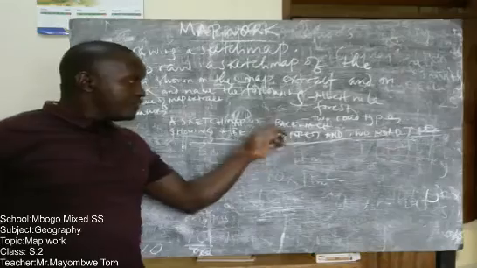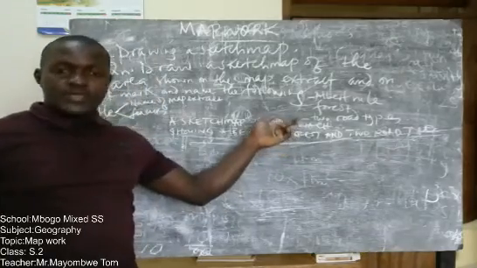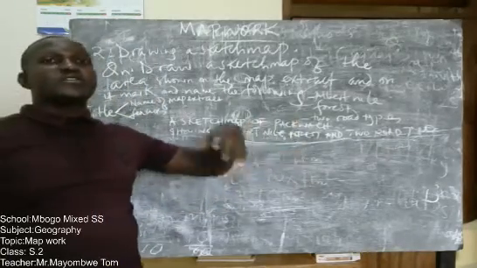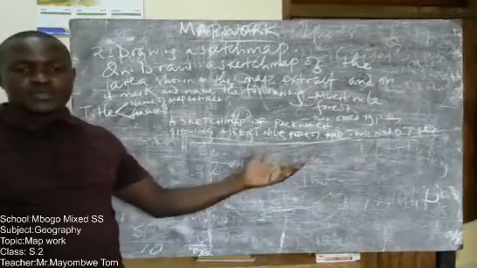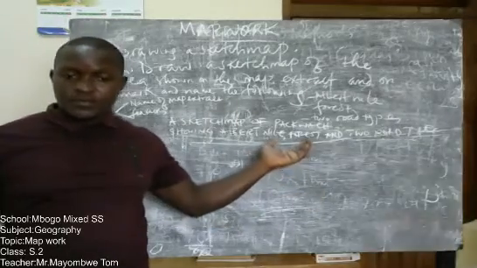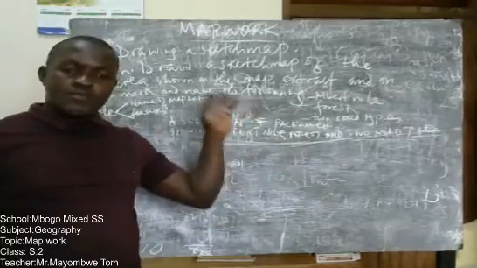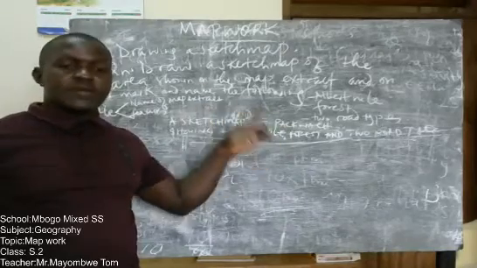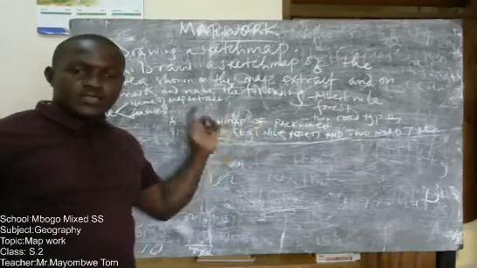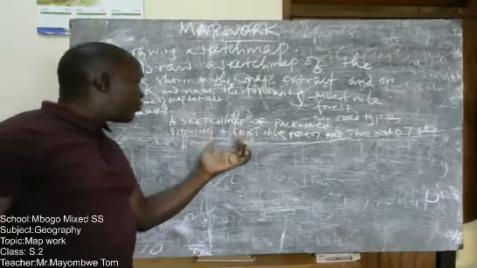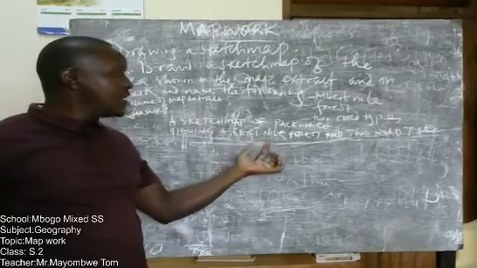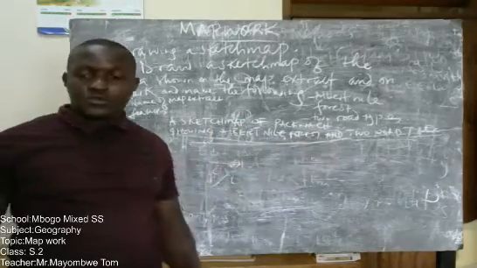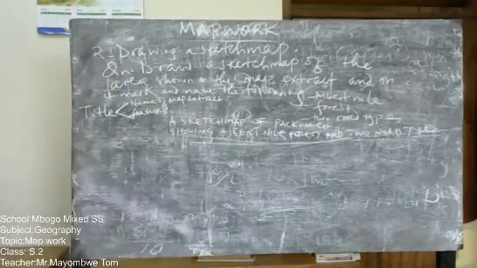If the name of the map extract does not appear in the title and you say a sketch map of the area showing, you don't get a mark for the title. So the name of the map extract which you are using must appear in the title: a sketch map of Pakwachi showing Albert Nile, forest, and 2 road types.